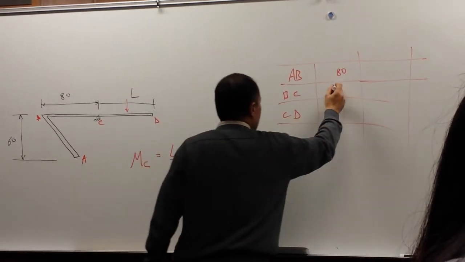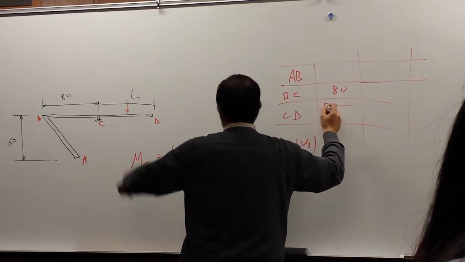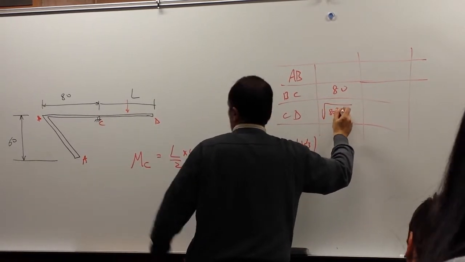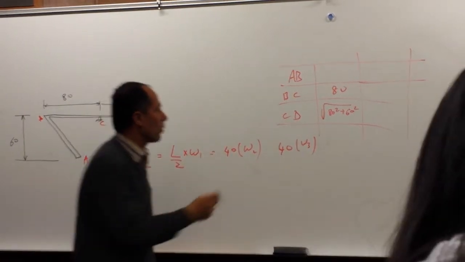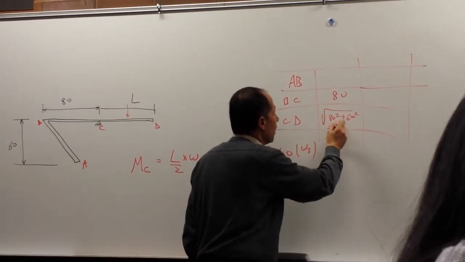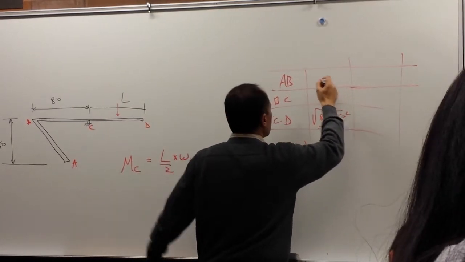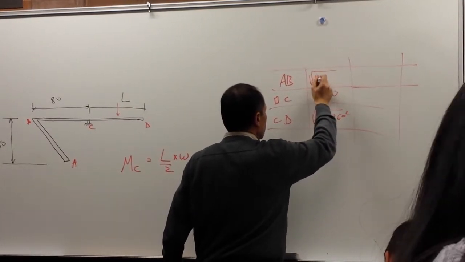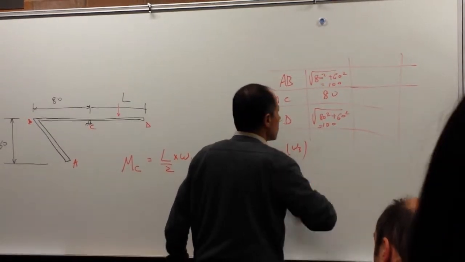BC is 80. What about AB? The square root of 80 squared plus 60 squared, correct? Which equals 100. This is AB. This is L.